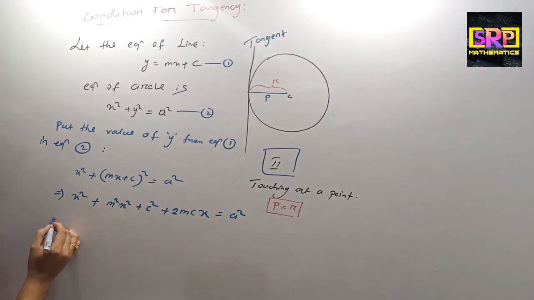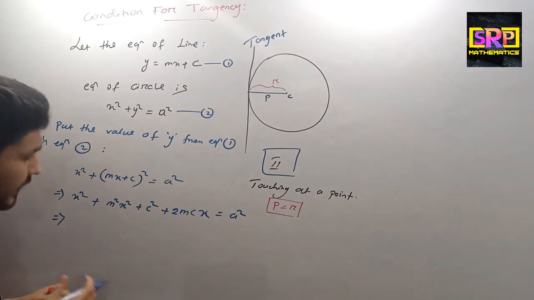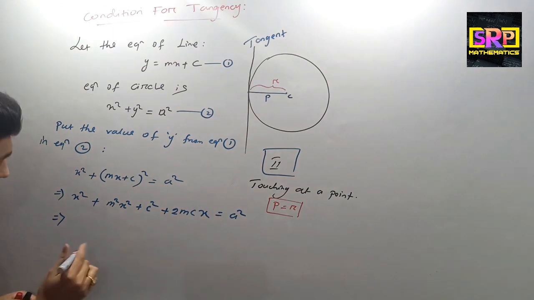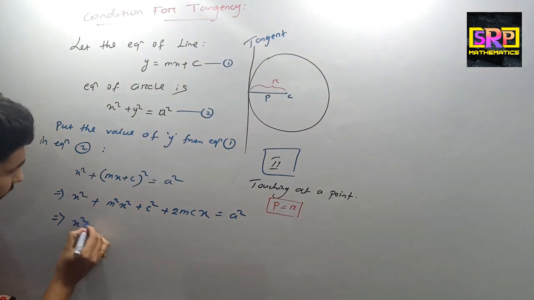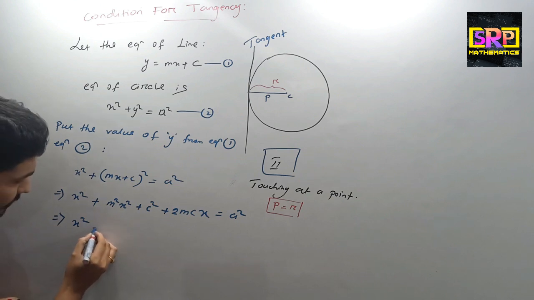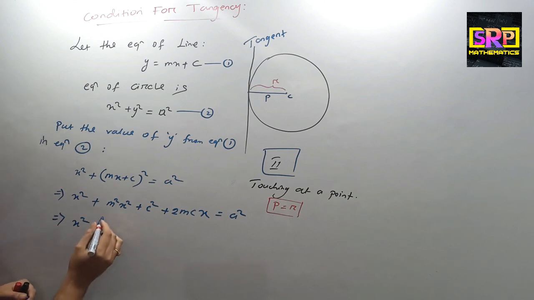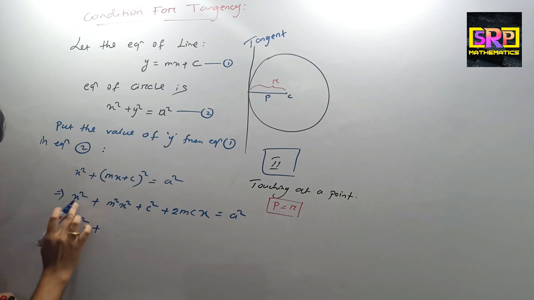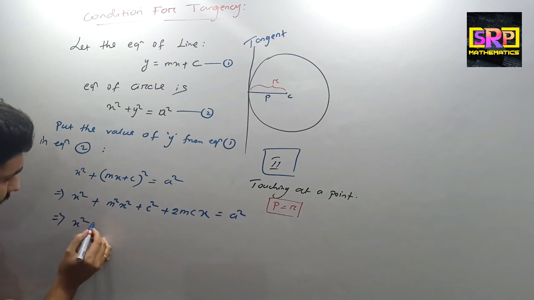Clear? Now let me arrange all the things in the form of a quadratic equation having variable x. We have x square and m square x square, so we can take x square common.